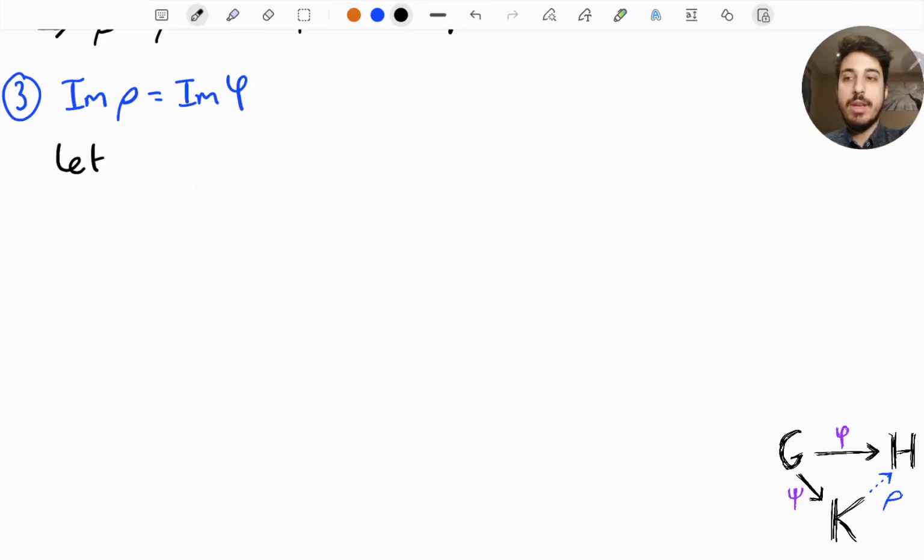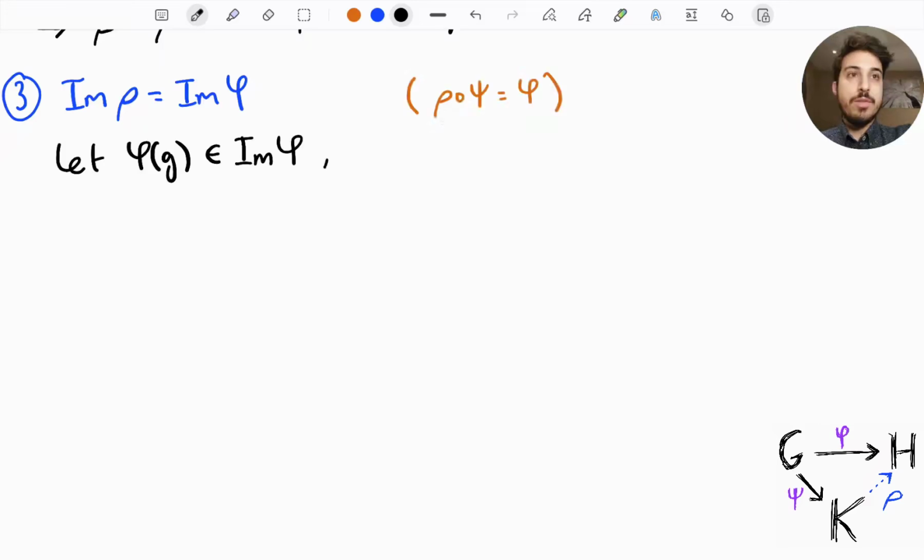Let an element be in the image of phi. An element in the image of phi would have the form phi of g for some g in G, because it's in the image. So it has to be the image of some element in G. So because of the definition of rho with psi equaling phi, we get that phi of g is equal to rho of psi of g.